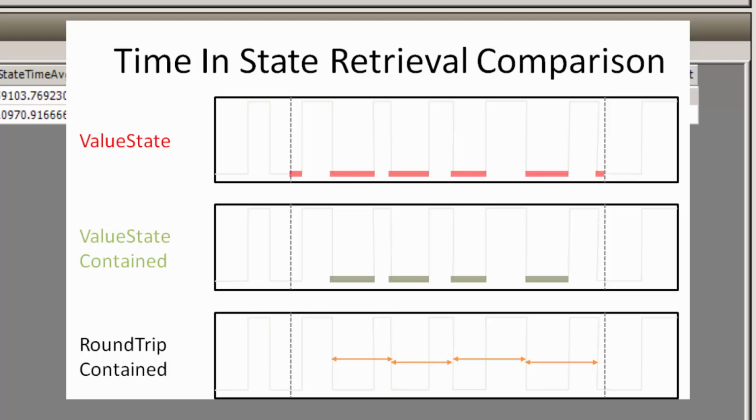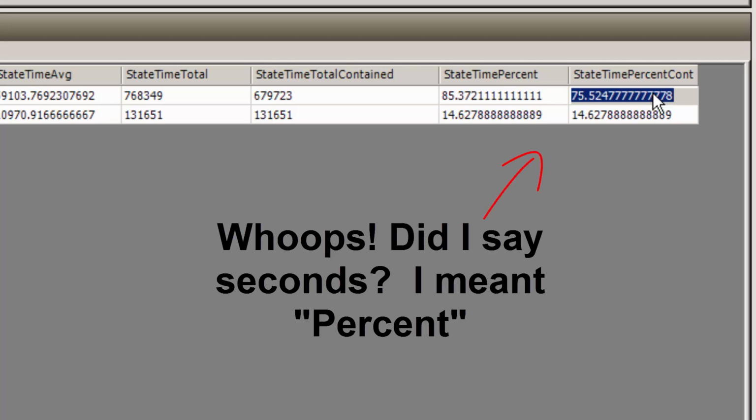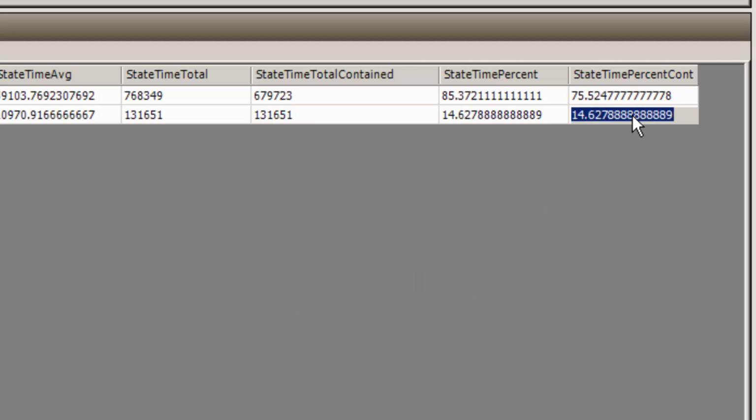So in reality, it was closer to, if we were containing it, 75 seconds versus the 85 seconds that it was in an off state, because it has to truly have cycled into an off state and then be contained during a proper on-off cycle. Again, the ons will not change unless my end time focused while it was in an on state. Then that information would have to be disregarded.